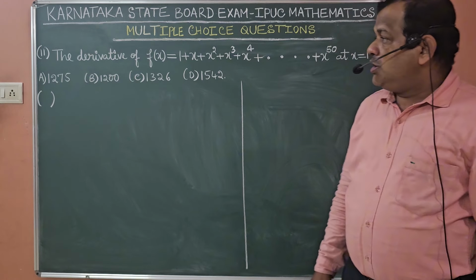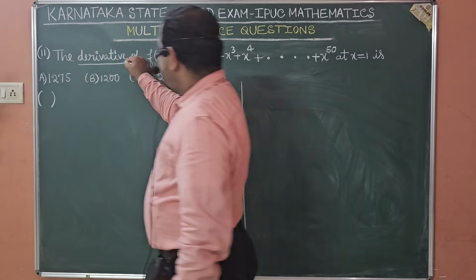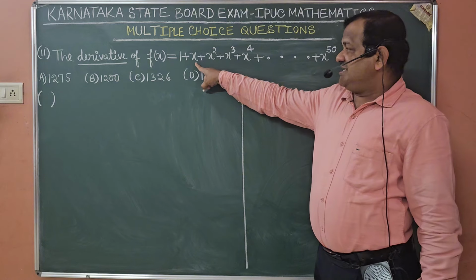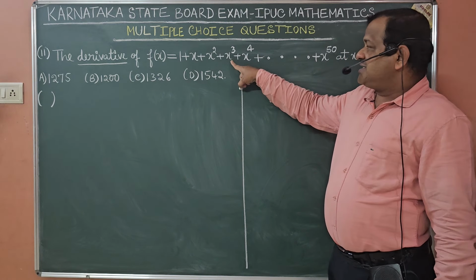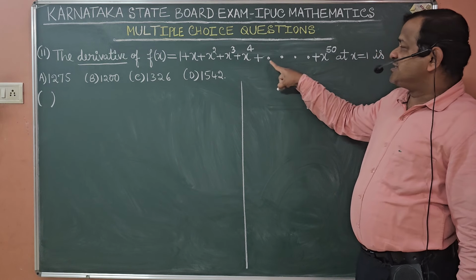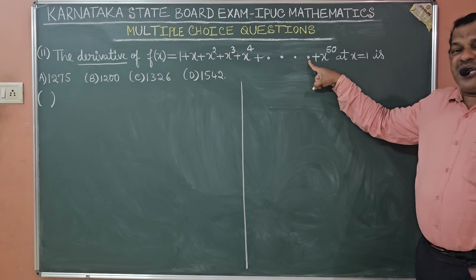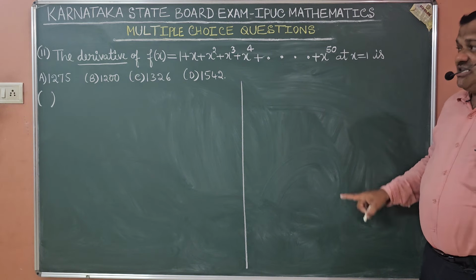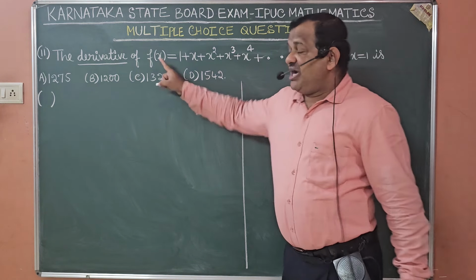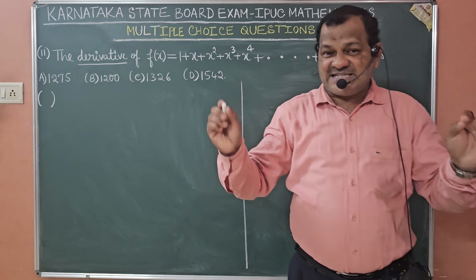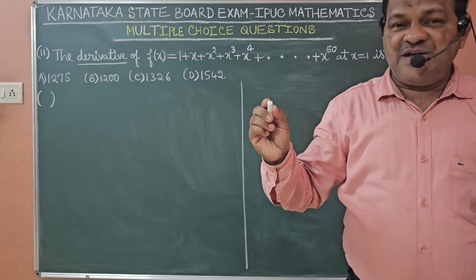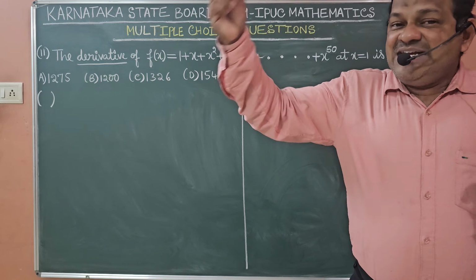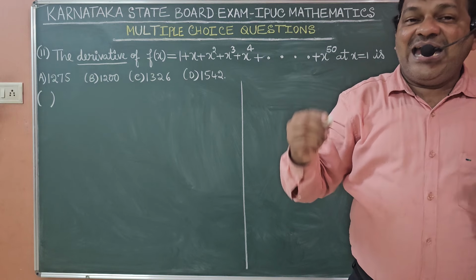The next MCQ, the derivative of... So it's a question from differentiation. f of x is equal to, they have given a series, 1 plus x plus x square plus x cube plus x power 4 and so on, plus x power 50, and x equal to 1. So we will differentiate f of x with respect to x, which is f dash x, and on the right hand side I need to apply the addition rule.